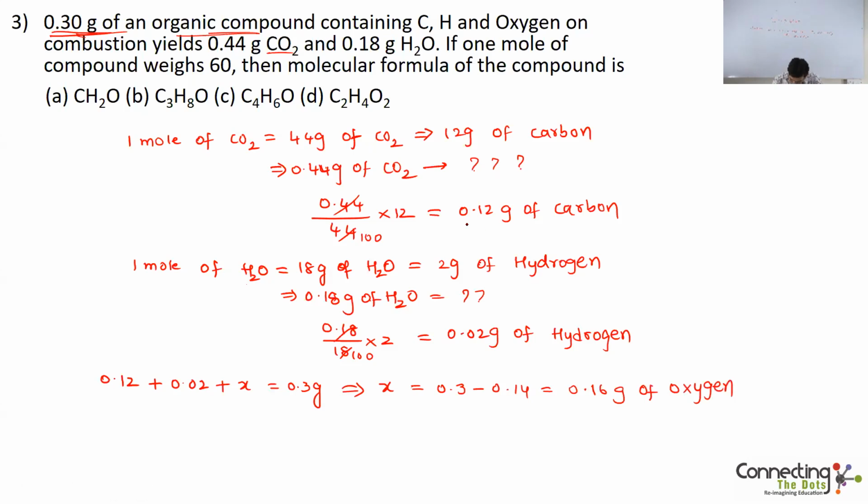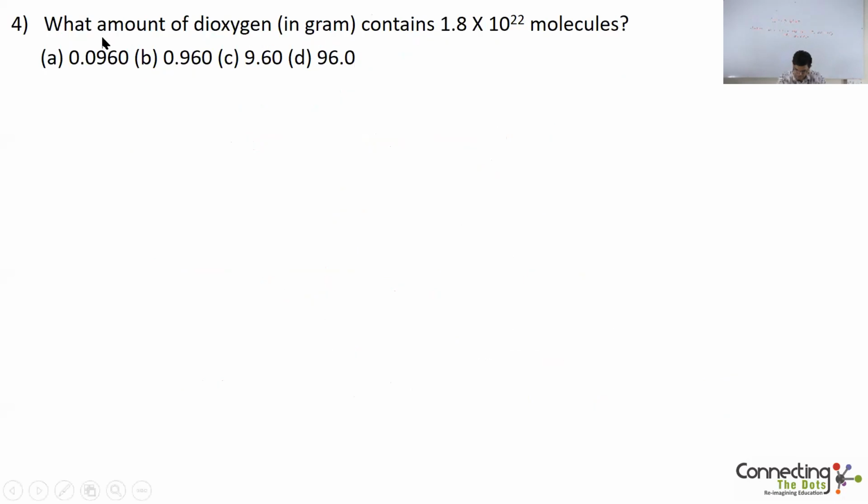So these are the values which we have to remember: 0.12 grams of carbon, 0.02 grams of hydrogen, and 0.16 grams of oxygen. From this, you can calculate the empirical formula. So let us try to do that. 0.16 plus 0.02 is 0.18, plus 0.12 gives 0.3. So that is fine, you are on the right track.